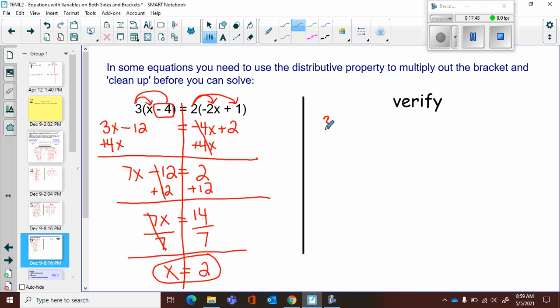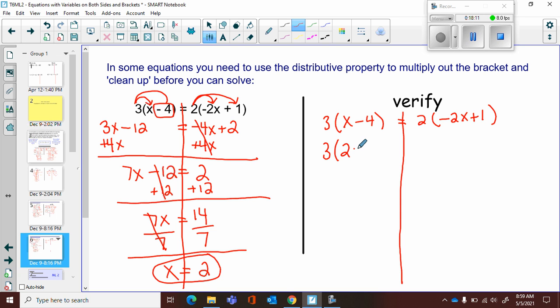So we always start just by writing down our question to verify. Make sure you do copy it exactly. And I'm going to work out my left and right hand side independently. So wherever there's an x, I'm going to put in a 2 instead, because that's the answer I found.